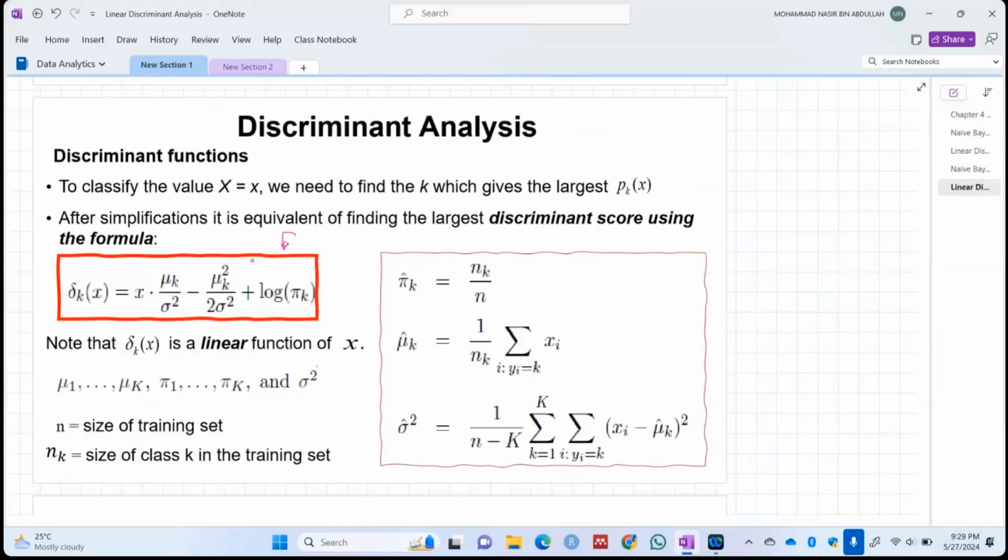Basically, delta K came from Bayes theorem.